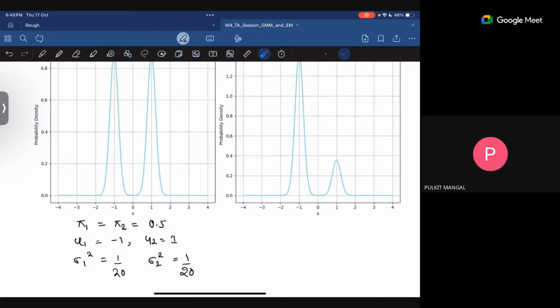Now one question: did we talk about this before in any week? The farther the means, the better it is to distinguish between things. K-means. Yeah, correct.